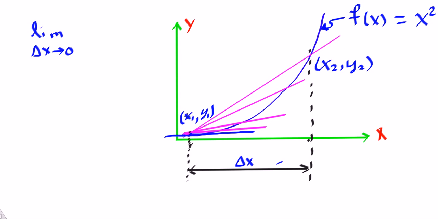This is x1, y1, and this here in terms of x1, instead of putting x2, let's put x1 plus delta x, right? Okay, and the y point would be f of, so function of, what's the y value when the x is x1 plus delta x.